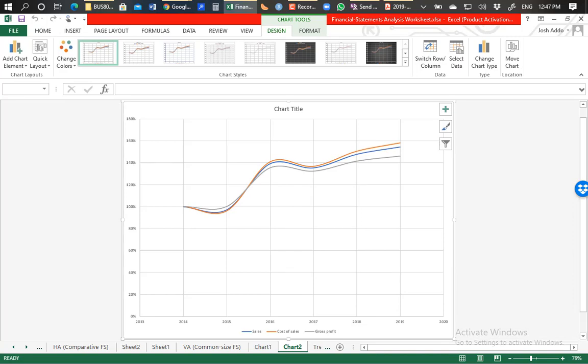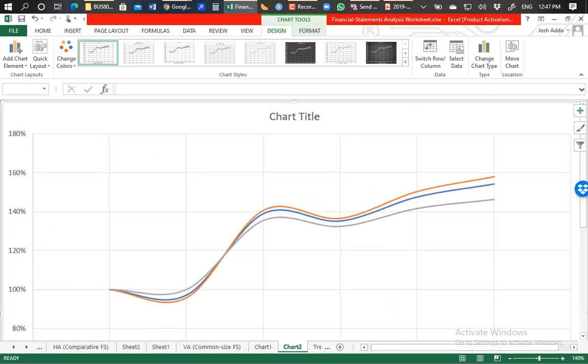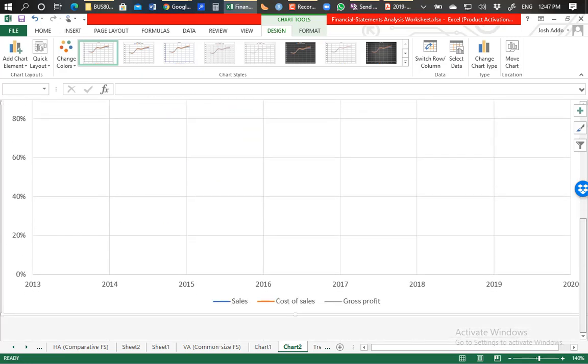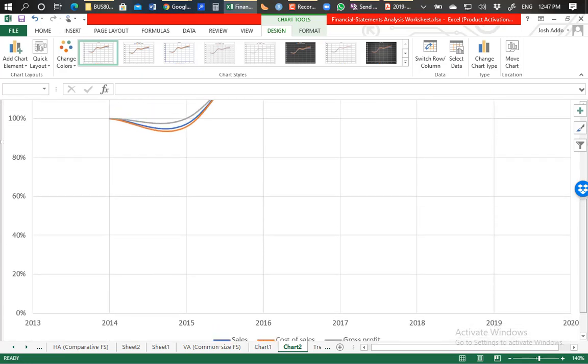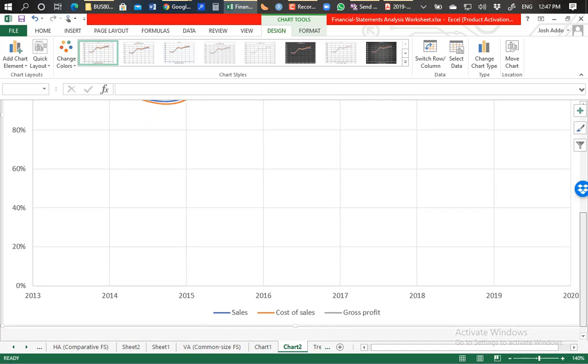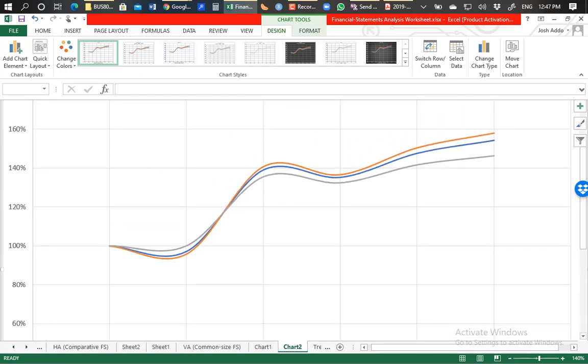Sales is the blue. Let me see if I can enlarge it. Sales is the blue. Cost of sales is the orange, and then the hash is the gross profit. So you can see cost of sales is lying on top of the sales after some years.